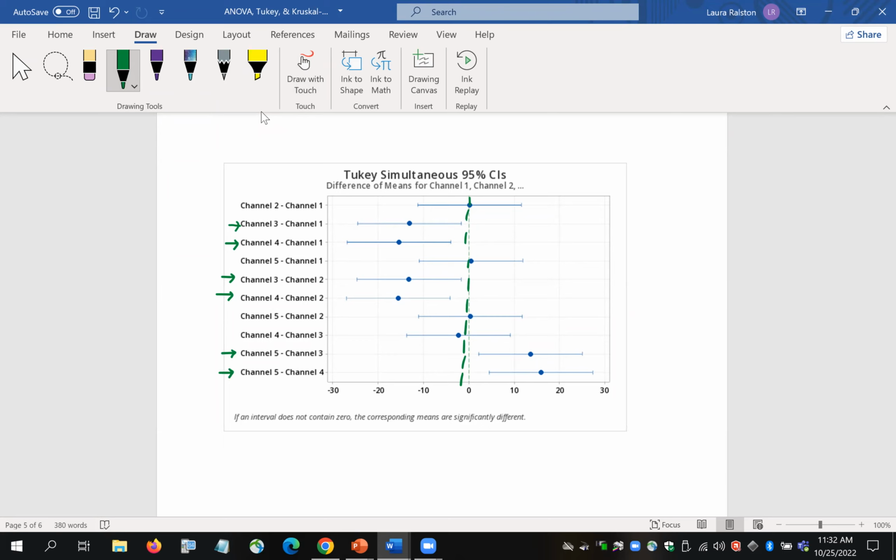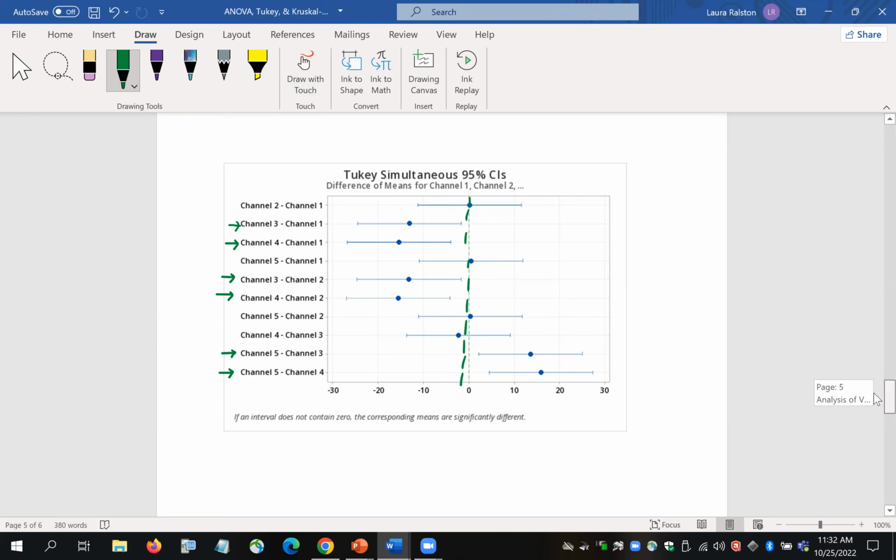So all of these, again, thinking about what doesn't include 0, are those 1, 2, 3, 6 different options, which all of those have either channel 3 or channel 4.